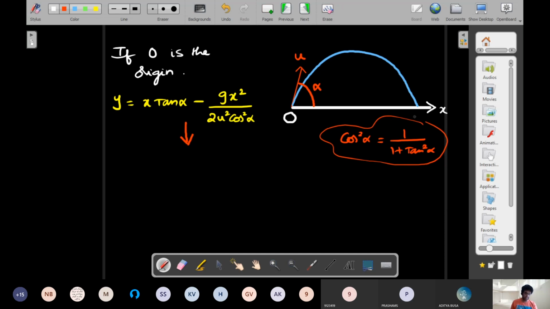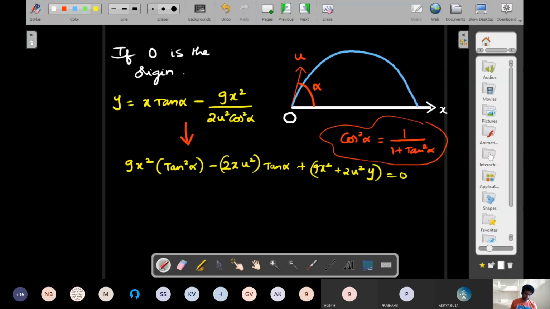You end up with a rearranged quadratic expression: g x square multiplied by tan square alpha, minus 2 x u square into tan alpha, plus g x square plus 2 u square into y. This entire thing comes out to be 0.